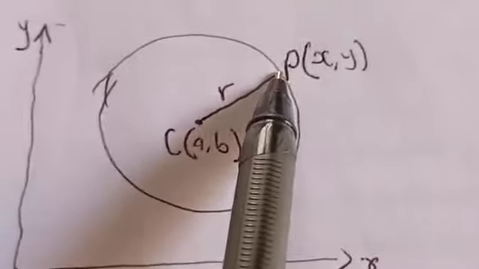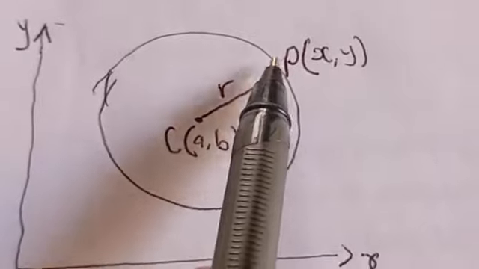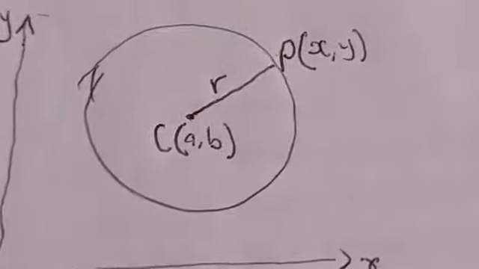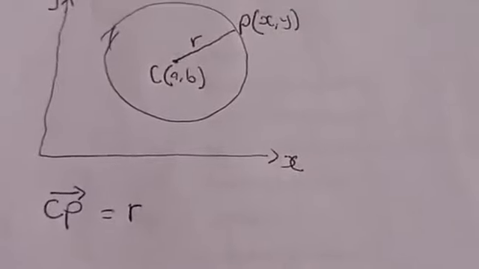This is another point on the circumference of this circle. So finding the distance between these 2 points is equivalent to finding the radius of this circle. So line CP is equal to our radius from that diagram.